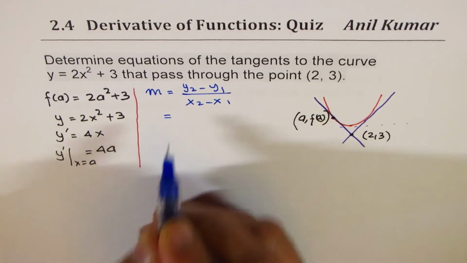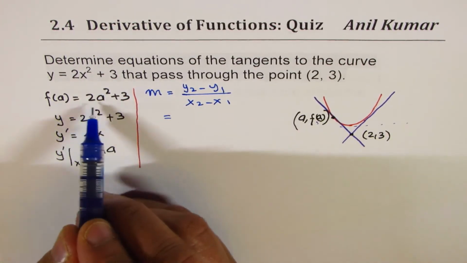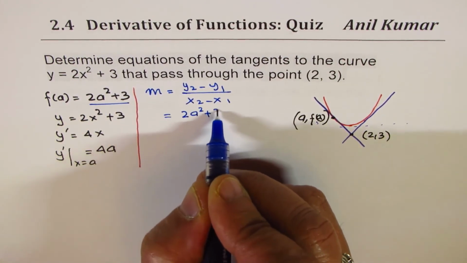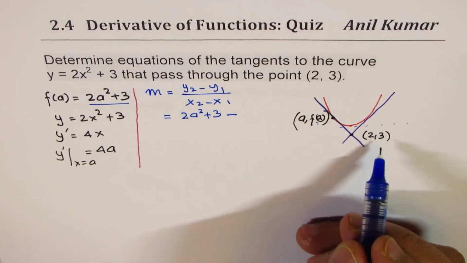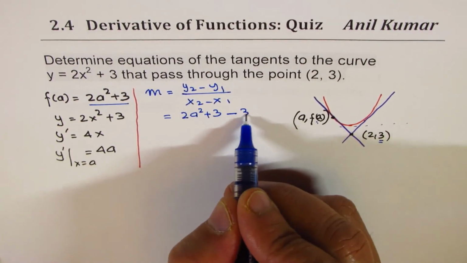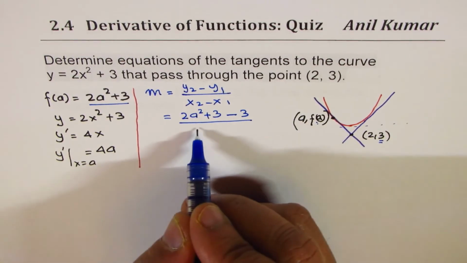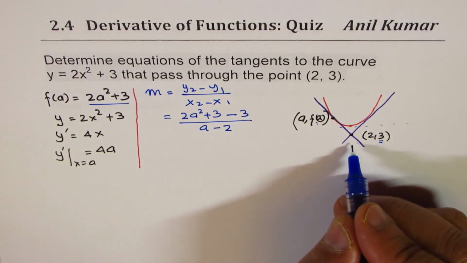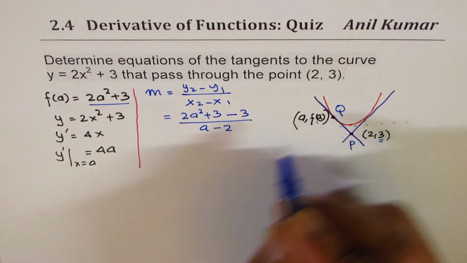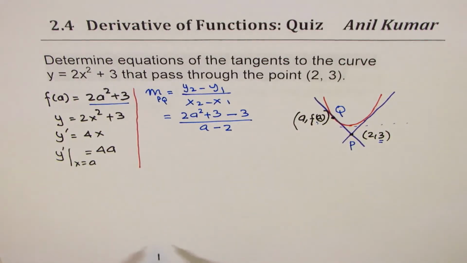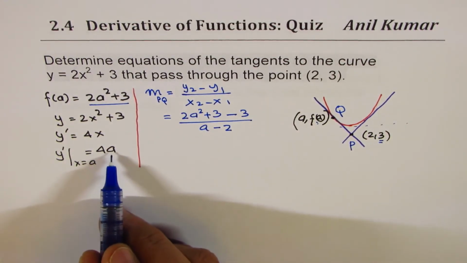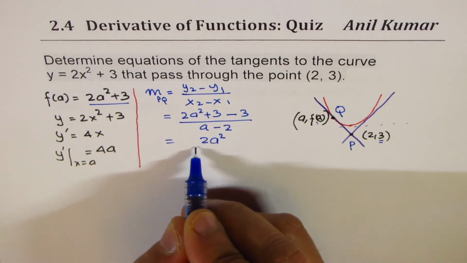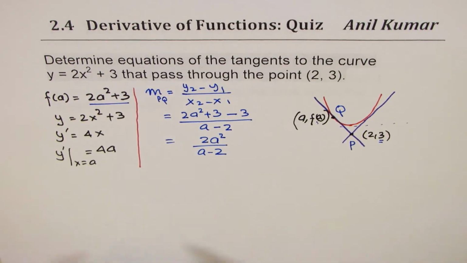So in our case, we could do 2a squared plus 3 minus 3 over the x values a minus 2. So we get the slope between these 2 points. We can call these points, let us say, P and Q. So slope PQ is that. And also 4a. So we can equate it, right? This could be simplified as 2a squared over a minus 2.